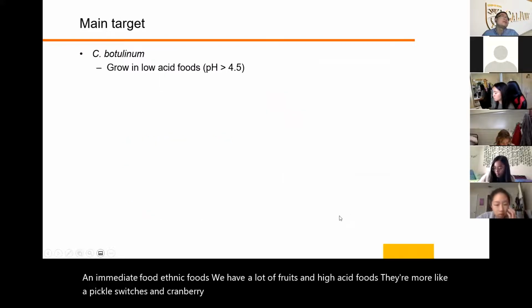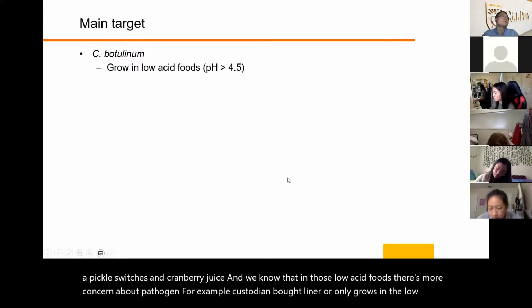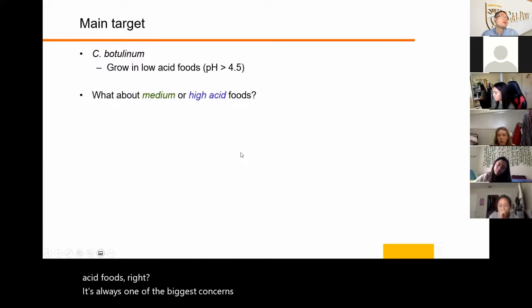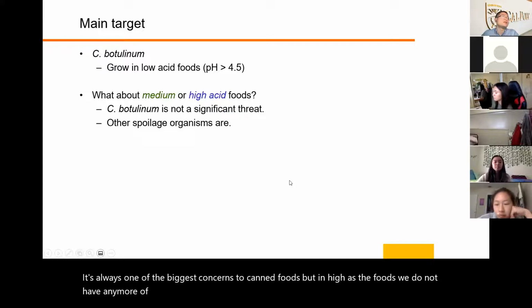And we know that in those low acid foods, there's more concern about pathogens. For example, Clostridium botulinum only grows in the low acid foods, right? It's always one of the biggest concerns for canned foods. But in high acid foods, we do not have those pathogen concerns, right?